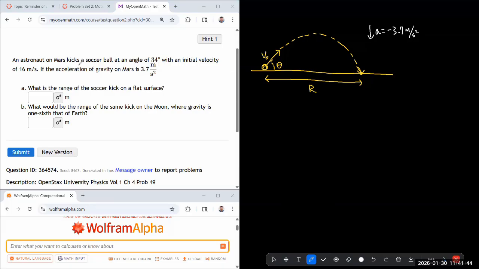So, astronaut on Mars kicks a soccer ball at an angle. Okay, so I'm given the angle. That's good to know. With some initial velocity. Okay, I'm given the initial velocity, 16 meters per second. If the acceleration is 3.7 meters per second squared, what is the range of the soccer kick on a flat surface? So we are being asked for the range.